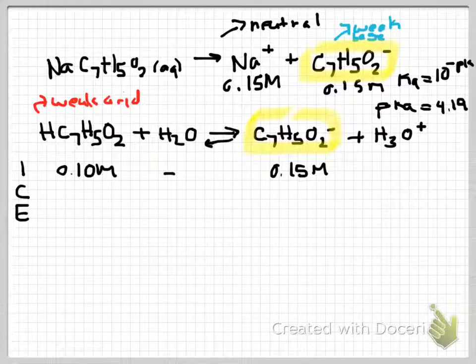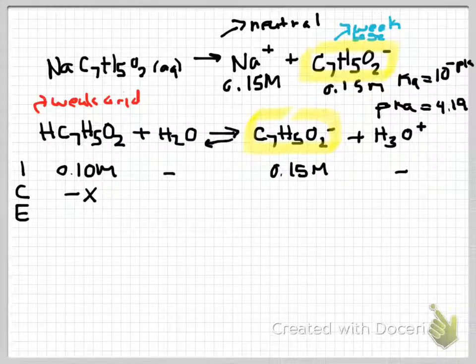And so this is going to be a little different than some of the previous ICE problems that we've done. We're going to have products at the beginning, though we did see some problems like that back in chapter 13. And then our H3O plus at the beginning is negligible, or 0. Our change, so we're going to go to the left.